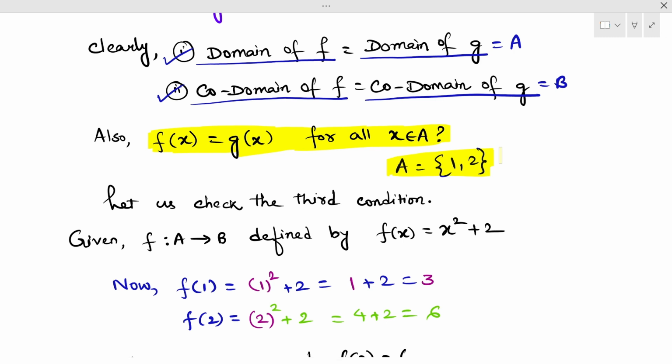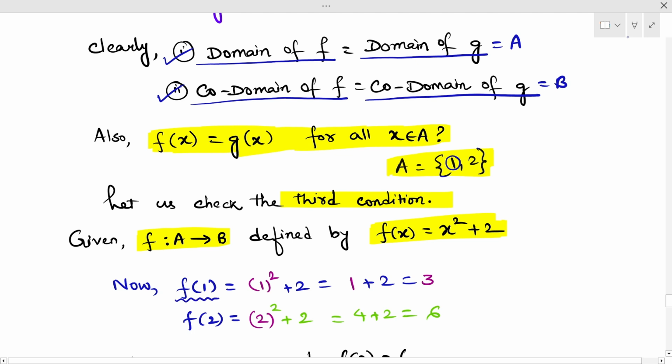Now given that f is a function from A to B defined by f(x) equals x square plus 2. Now we plug in values from the set A. So we find the value of f of 1 and then we find the value of f of 2 by just putting in this formula, right?